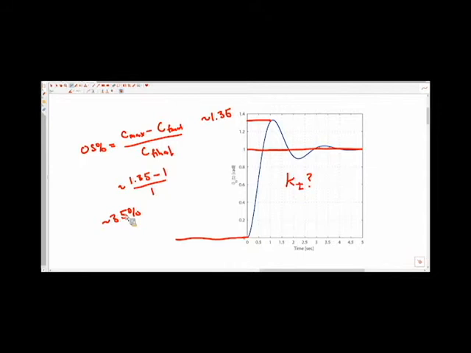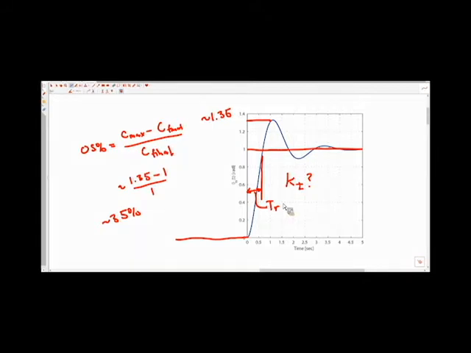So, yes, the time it takes for the response to get within 90% of the new steady state value. So here's the old steady state value, here's the new steady state value. And so then the rise time would be approximately in here. This would be our rise time for the response.